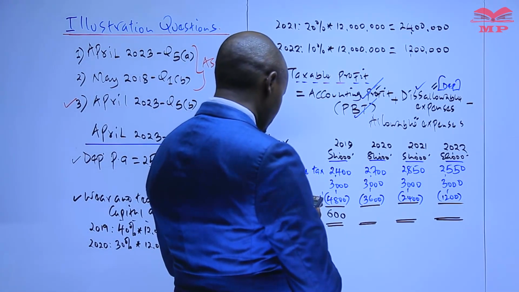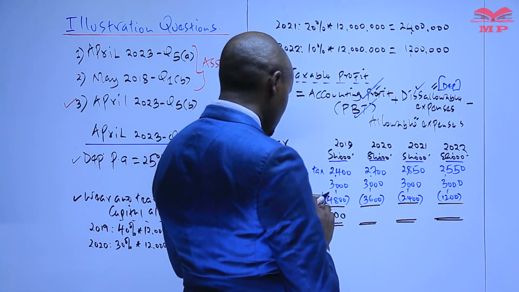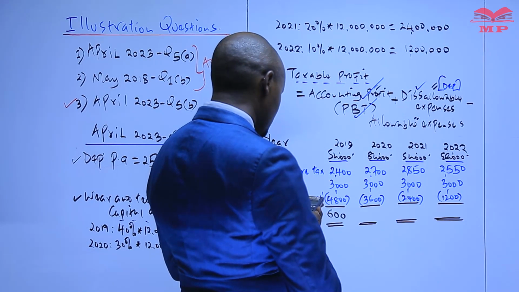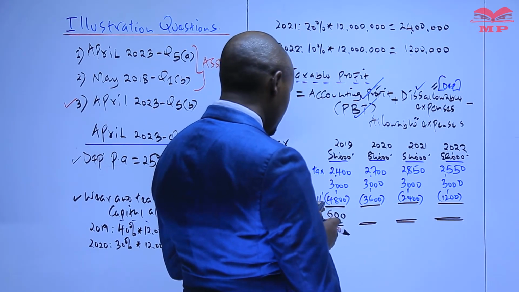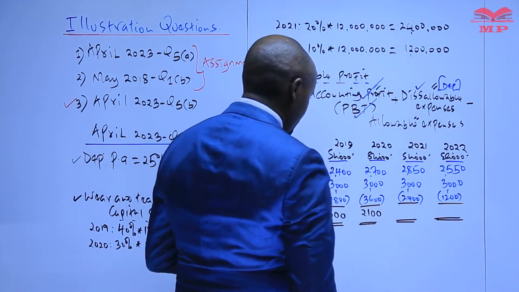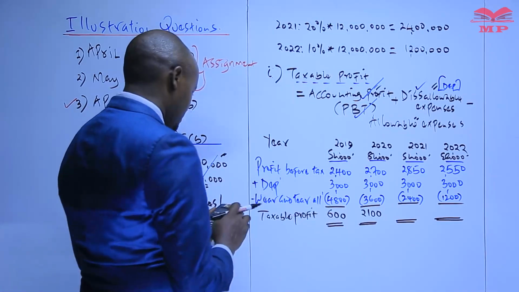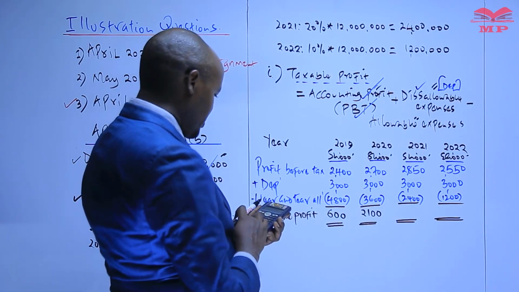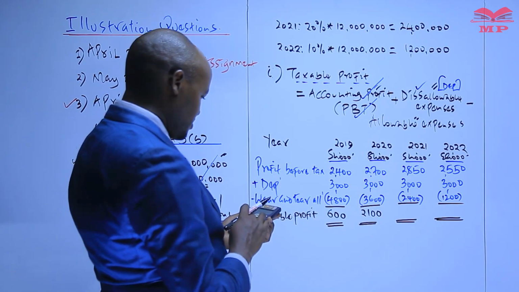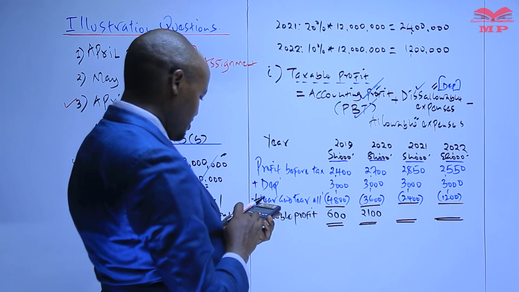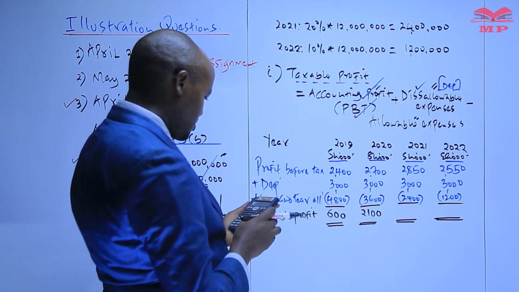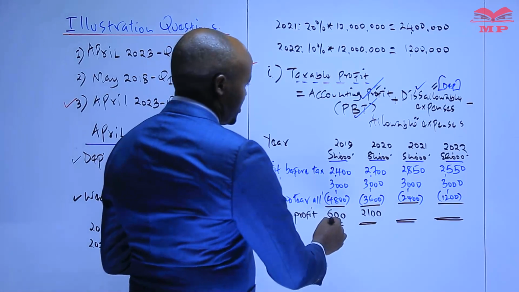And then we have 2,700 in the year 2020 plus 3,000 minus 3,600, which will give us 2,100. Okay, let me counter check this whether that is correct. I've said we have 2,400 plus 3,000 minus 4,800. Yes, that is okay. It is 600.